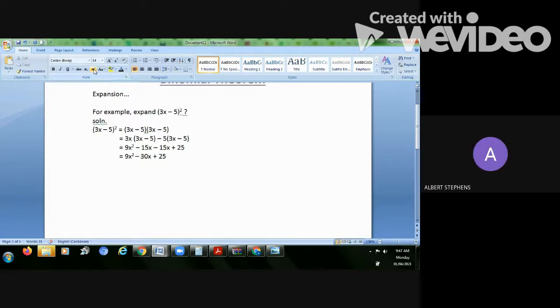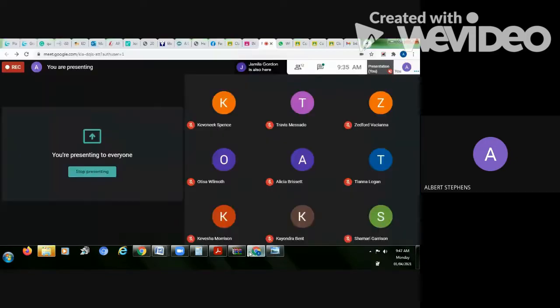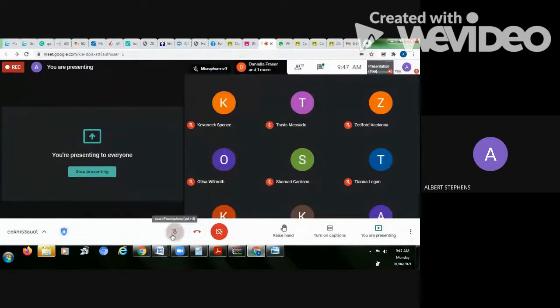Come on, this is the answer. Because remember, this is x squared, that's a different variable, and that's another variable. So this is going to be the answer, yeah? You follow?